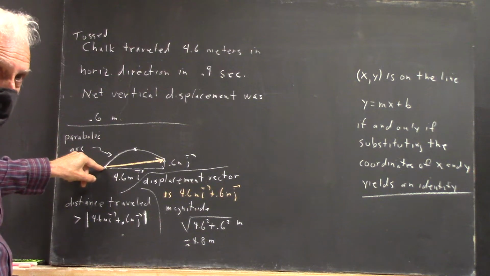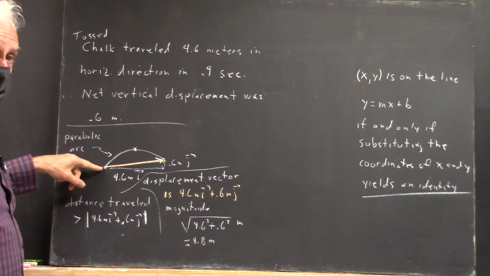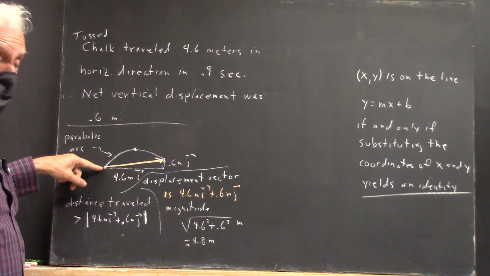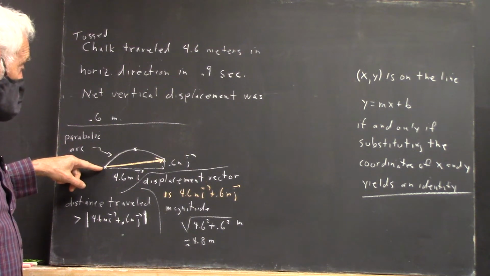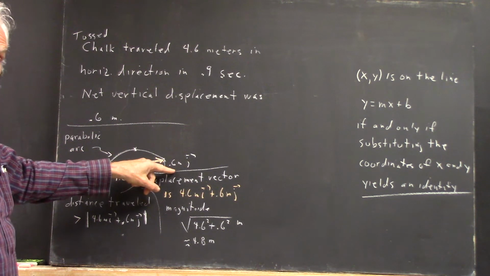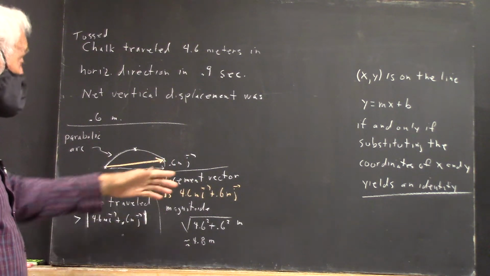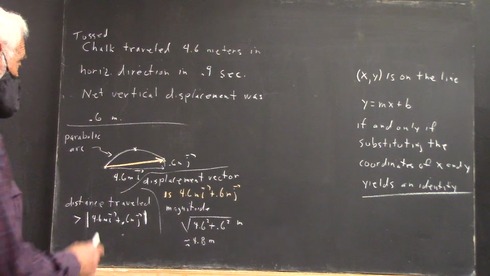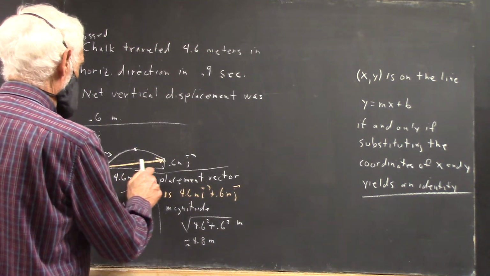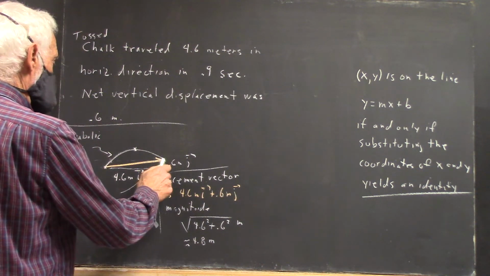So we can put y equals 0 there. That's a convenient place for y to equal 0. So your change in y is 0.6 meters. Now there are 2 points at which the y coordinate was 0.6 meters. There's this point and this point, right?